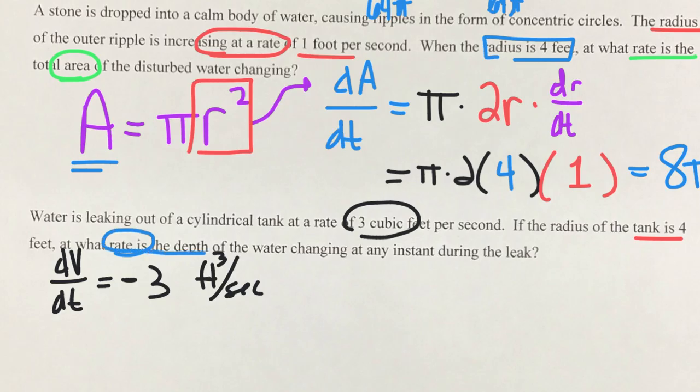So the depth of the water is your height. So we're looking for dH dt. How is the height of our cylinder changing if we have a constant radius of 4? Remember our formula is volume equals pi r squared times h, where our radius is constant for a cylinder.